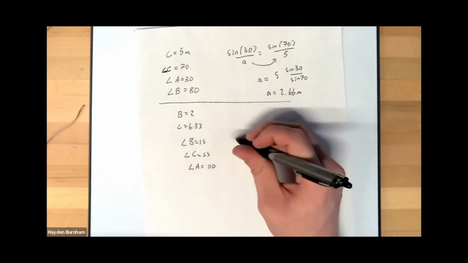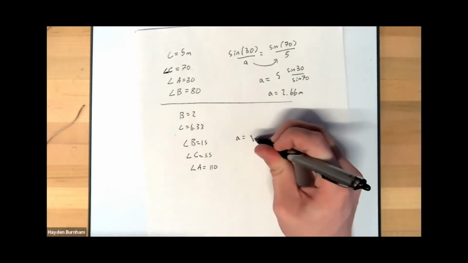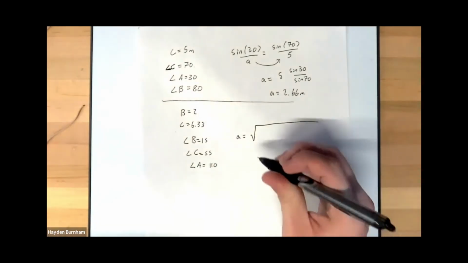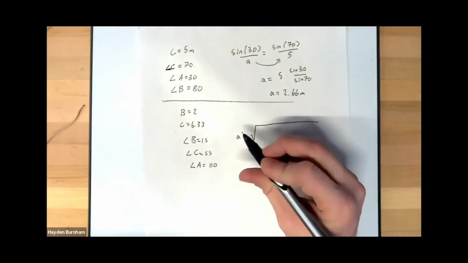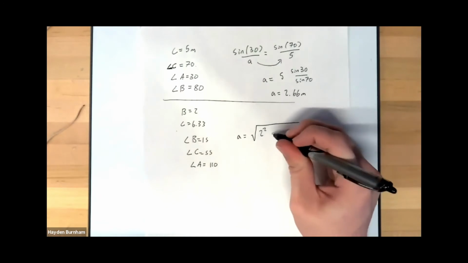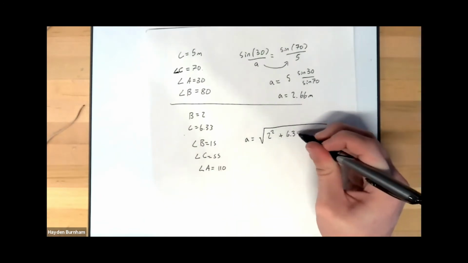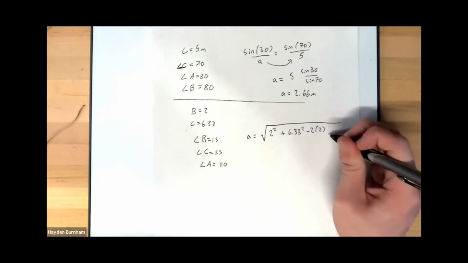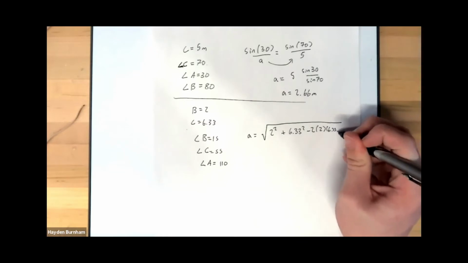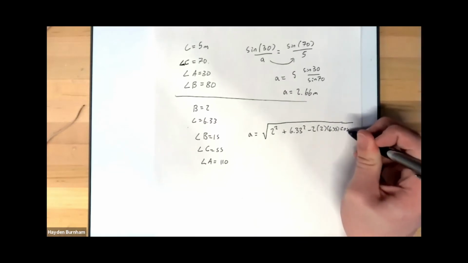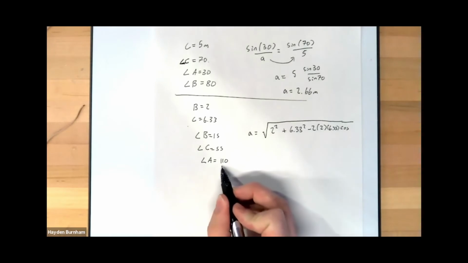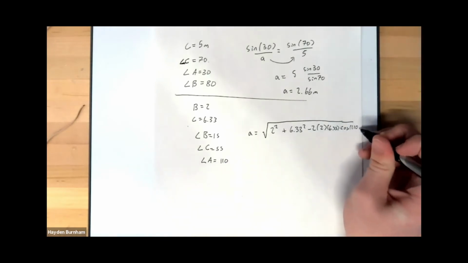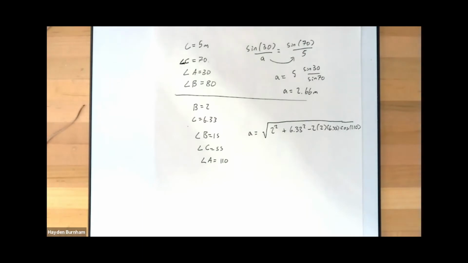What we're looking for is A. We know that A is going to be equal to the square root of B squared, so 2 squared, plus C squared, minus 2 times 2, which is B, times 6.33, which is C, times the cosine of the angle of A, 110. If you plug that in your calculator, you should end up with something like 7.26.